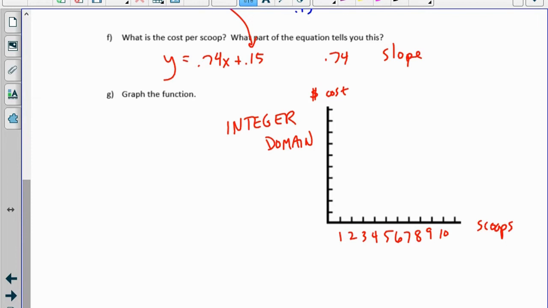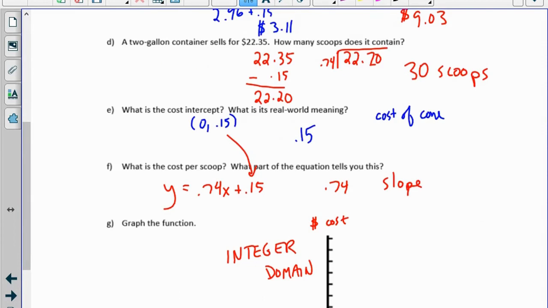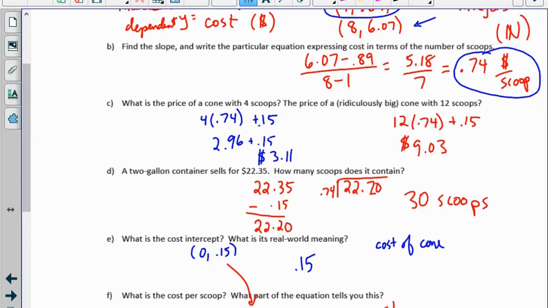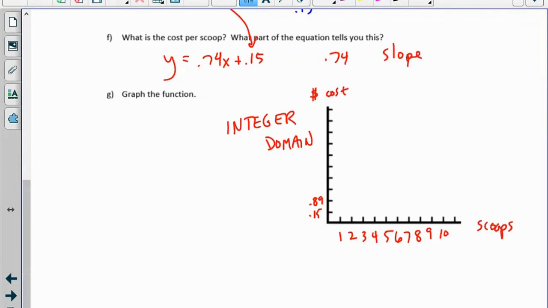And I'm going to make this really simple. Like I'm going to put 0.15, 0.89, and then I had a $6.07 thing up here.